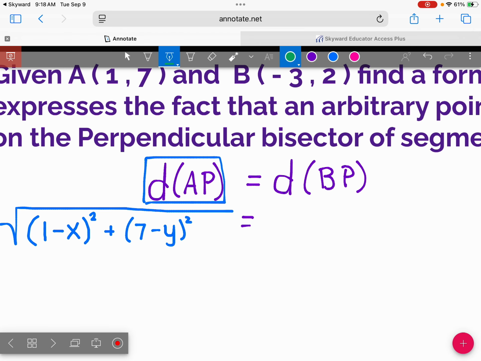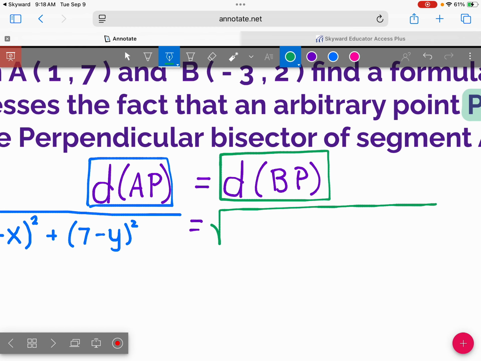And I can do the same thing for the distance between point B and point P. I can put that into my distance formula. Again, I know the x value of B is -3, but we don't have an x for P, so we're just going to use the variable.